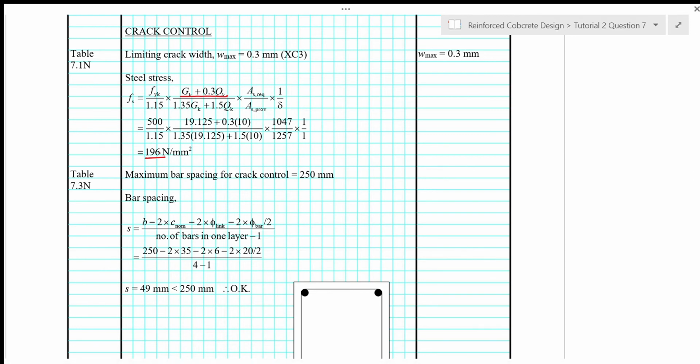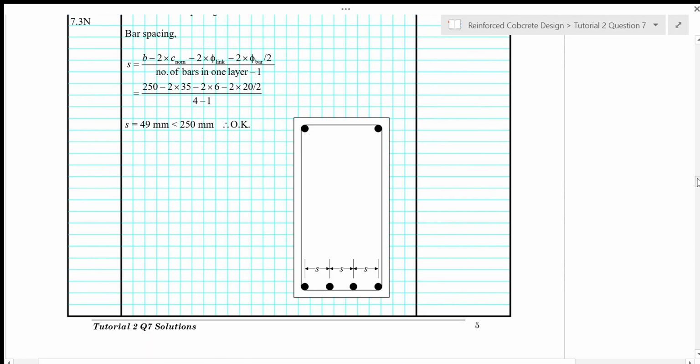So from table 7.3n, with steel stress of 200 Newton per square millimeter or less, the maximum bar spacing is 250 mm. So for the bar spacing, we have 4 bars at the bottom of the beam.